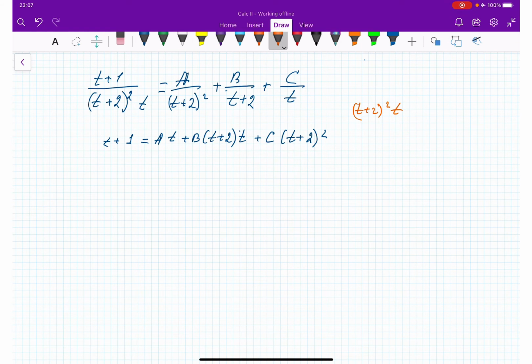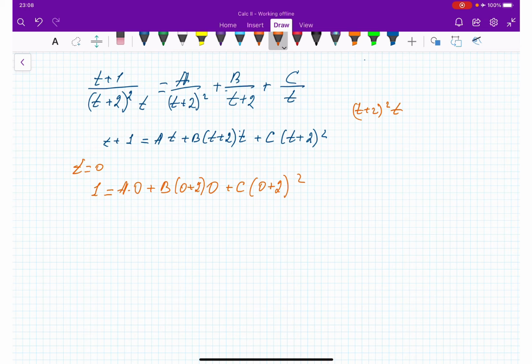So, let's assume I'm taking t equal to 0. From here, what do we get? On the left side, I have 1. On the right side, it's going to be a times 0, plus b times 0 plus 2 times 0, and plus c times 0 plus 2 squared.